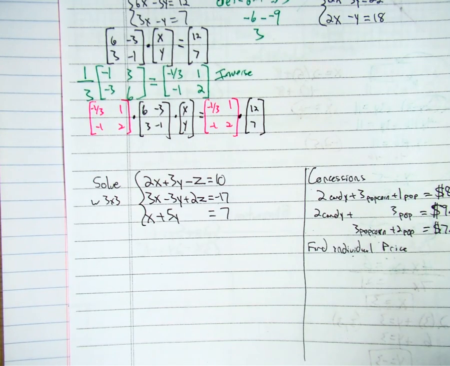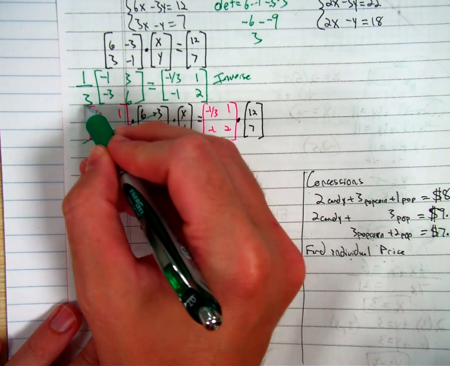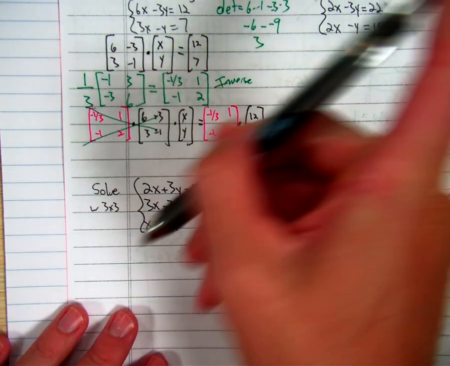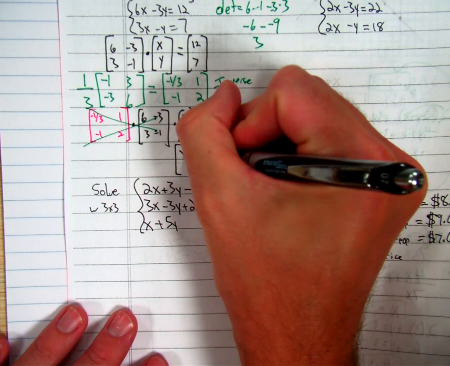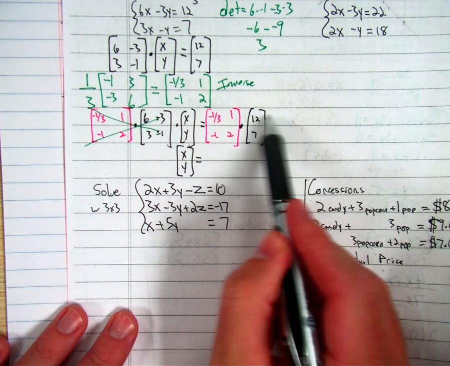Okay, and we did this the long way one time in notes, and one time is enough. And then we showed how these canceled out. And we have x, y equals, okay, row times column.